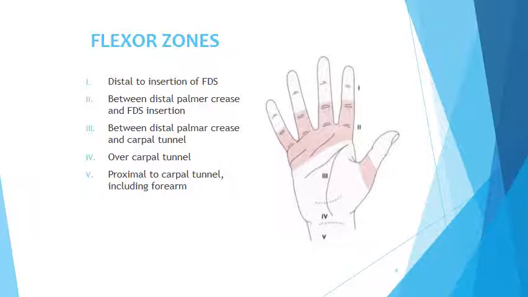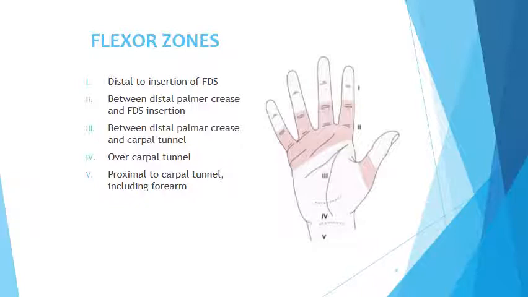The flexor zones of the hand are as follows. Zone 1, distal to the insertion of the FDS. Zone 2 is between the distal palmar crease and the FDS insertion. Zone 3, between the distal palmar crease and the carpal tunnel.